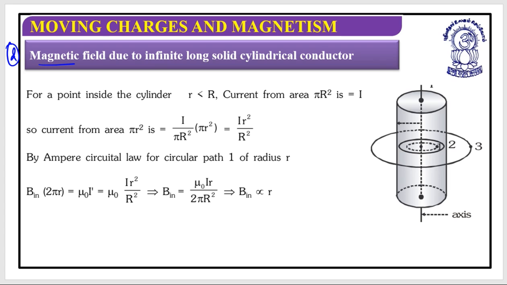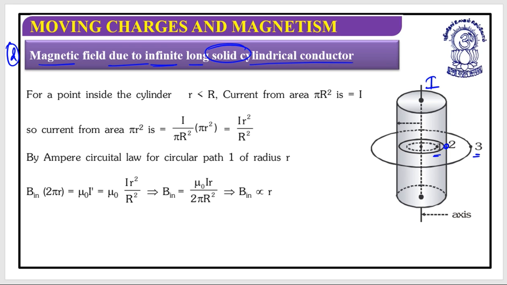It's the magnetic field due to an infinite long solid cylindrical conductor. Let's suppose a current I is flowing through the cylinder and we have chosen 3 points. One point is inside the cylinder. Another point is on the surface of the cylinder, sorry, not the axis, the surface.